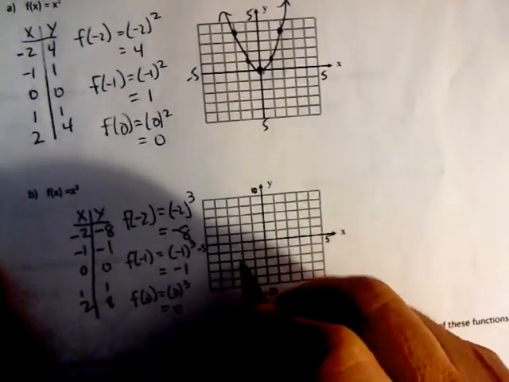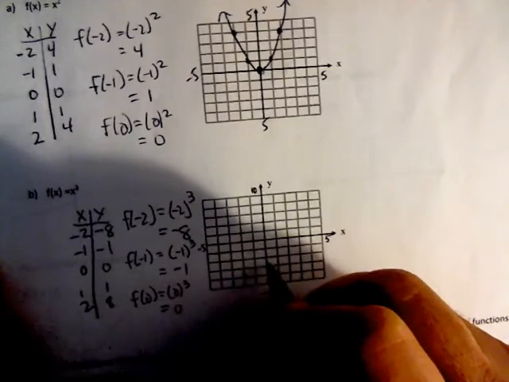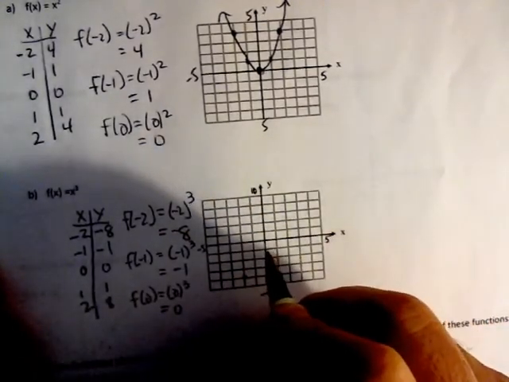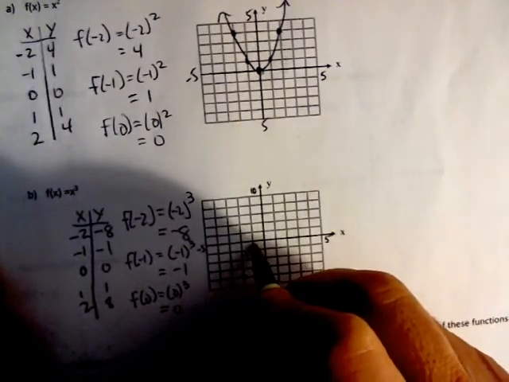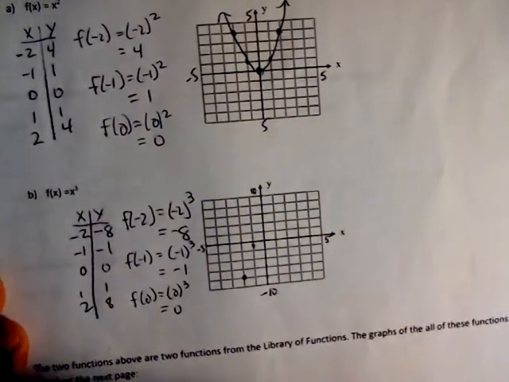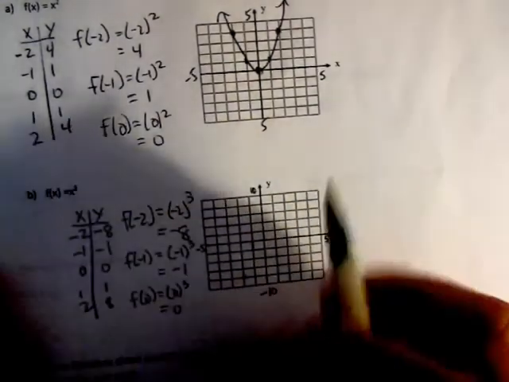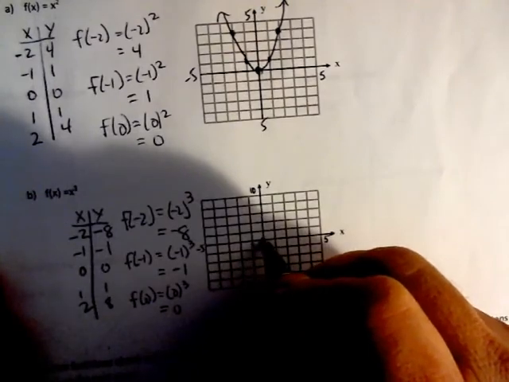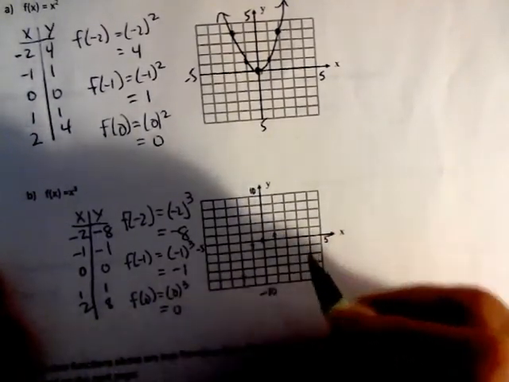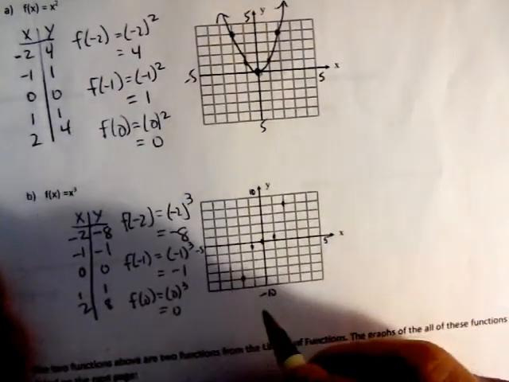So if I plot -2, -8, that's actually there because this is -2, -4, -6, -8. When I plot -1, -1, I'm just going to have to estimate and go about halfway between 0 and -2, and that's -1. 0, 0 stays there. 1, 1, again, I'm just going to have to estimate and go up about halfway. And then 2, 8 is there.